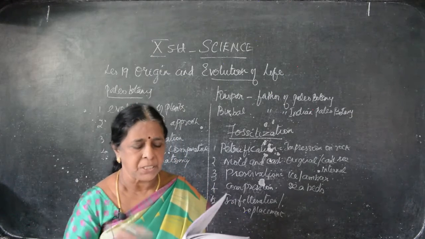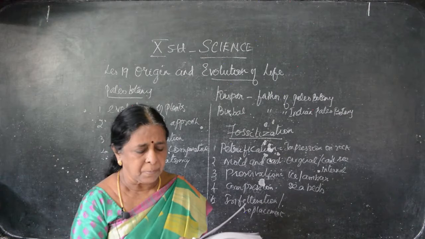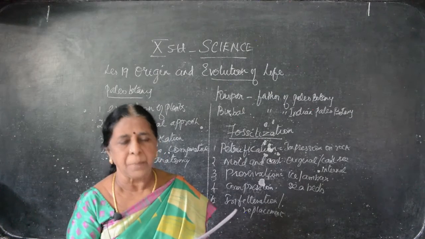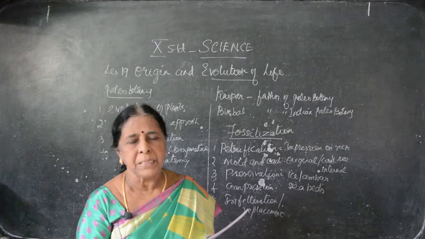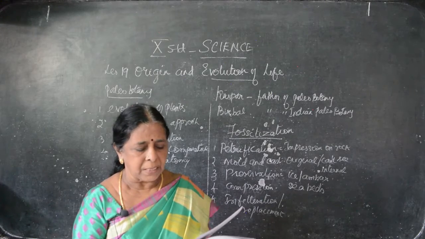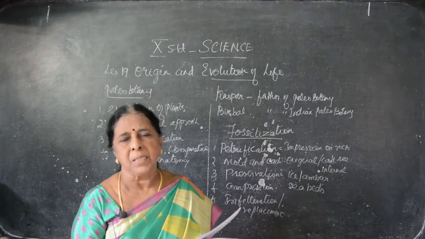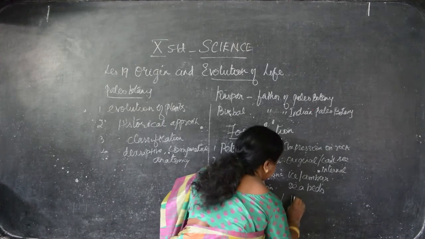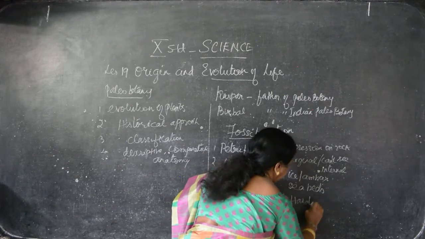That can be filtrated and deposited on the cell wall. The process is brought about by several mineral elements such as silica, calcium carbonate and magnesium carbonate. Hard parts are dissolved and replaced by these minerals. By using this method, we can replace the hard parts of the animals.